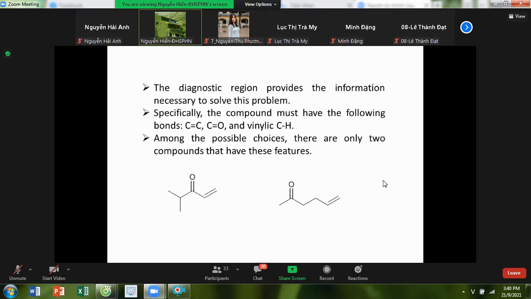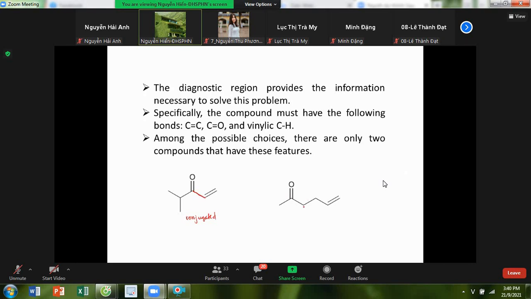So the first one, this one is conjugated, because the carbonyl group and the C=C bond are separated by one bond.